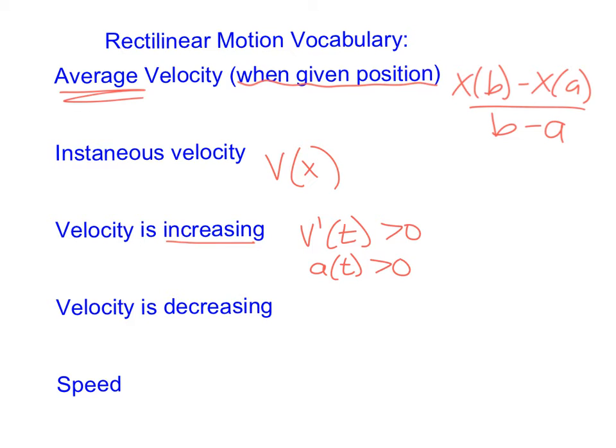So the derivative of velocity is positive, and then decreasing, derivative is less than 0, or the acceleration is less than 0. And then finally, speed. Speed is velocity without direction. So it's the absolute value. Right? So that's your vocab.